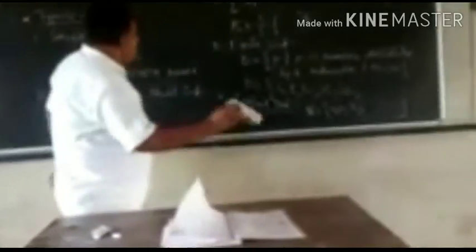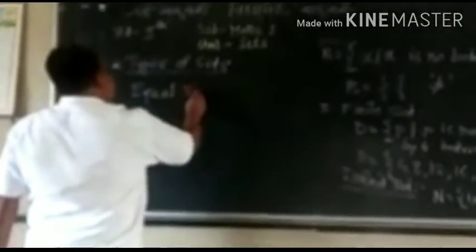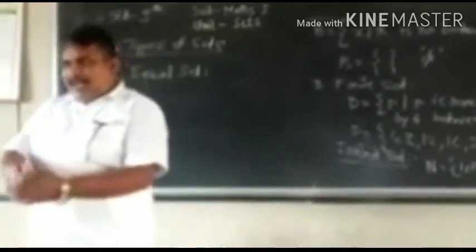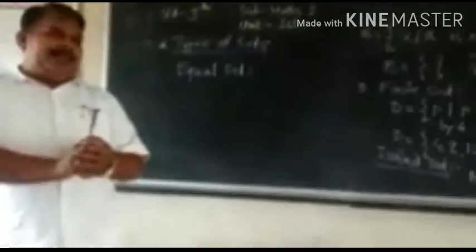There is one more set, and that is called the equal set. So what is the meaning of this equal set? This is the set which has equal or the same elements.